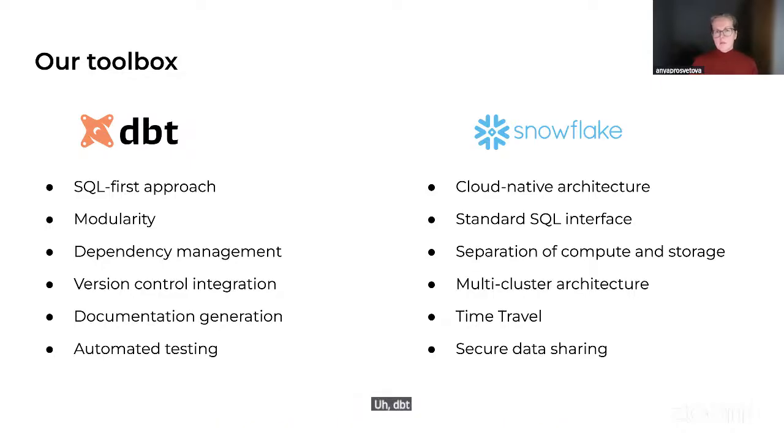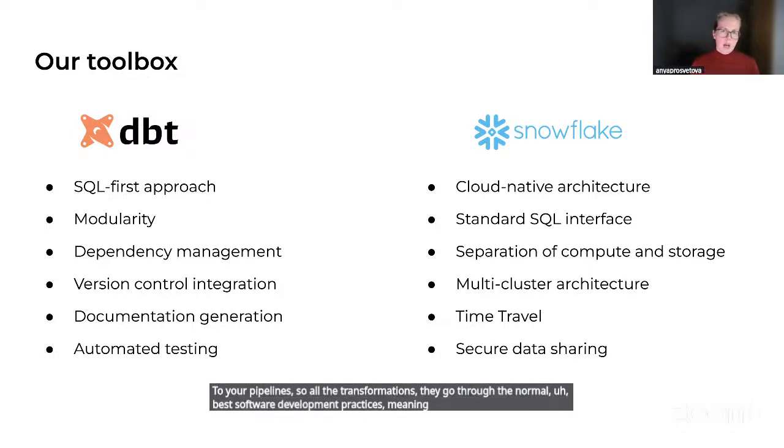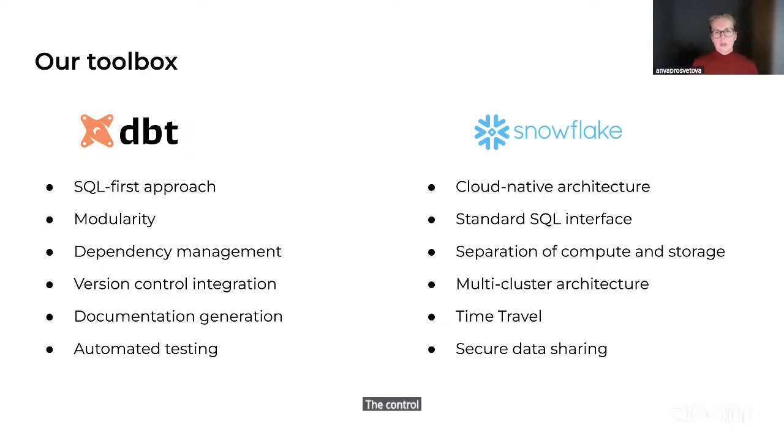dbt also, and you clone the repo, helps you to apply version control to your pipelines. So all the transformations go through the normal best software development practices, meaning that you have your code stored in the GitHub repo, you have the branches, the control of what changes which scripts.